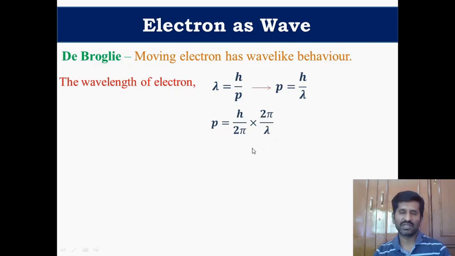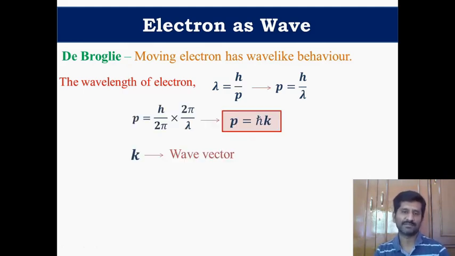Since the electron wave spreads out in three-dimensional space and its wavelength is not the same in all three directions, the number of waves is not the same in all three directions. So 2 pi by lambda is a vector quantity and it is denoted by wave vector k. So momentum p is equal to h cross k, where h cross is h by 2 pi and wave vector k is 2 pi by lambda.